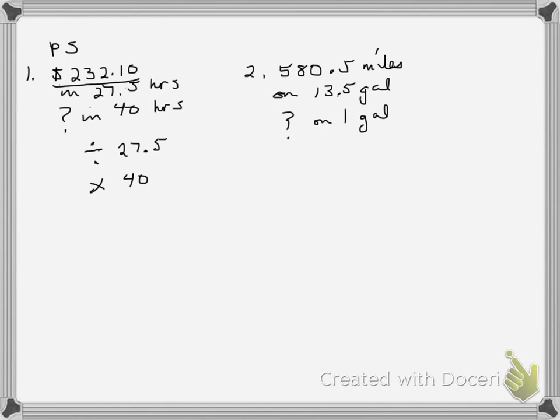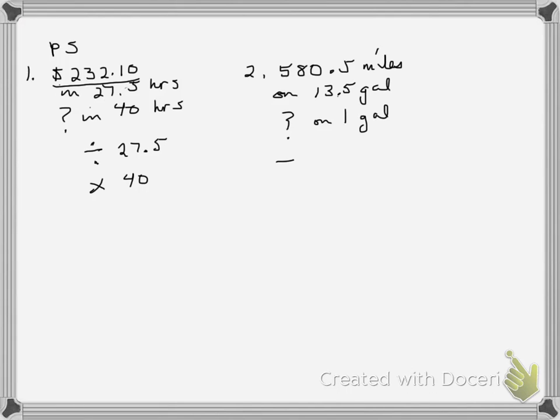In the second one, it says you've traveled 580.5 miles in her compact car on 13.5 gallons of gasoline. How many miles per gallon did the car get? Well, this is not a complex problem. This has only one step.